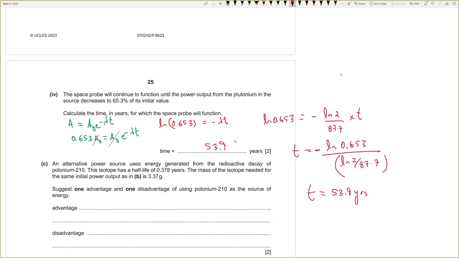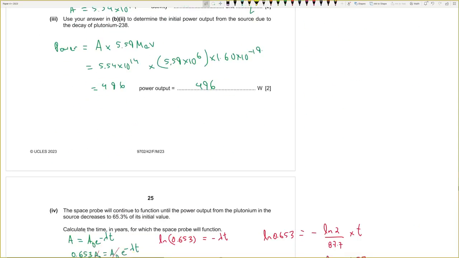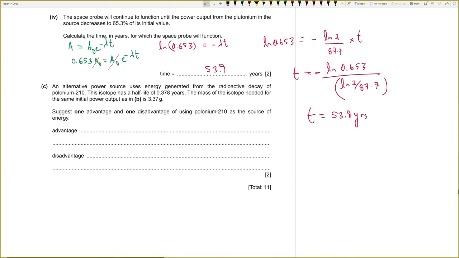An alternative power source uses energy generated from the radioactive decay of polonium-210. The isotope has a half-life of 0.378 years. The mass of the isotope needed for the same initial power output as in B is 3.37 grams. So yeah, we needed 0.874 kg there, which is 874 grams, but now we are just using 3.37 grams.